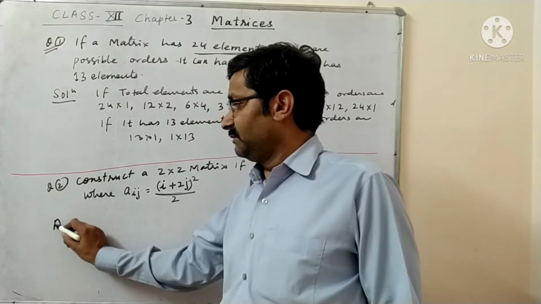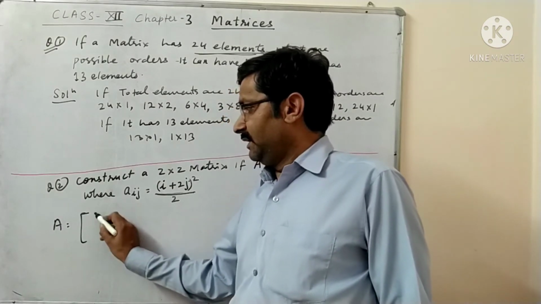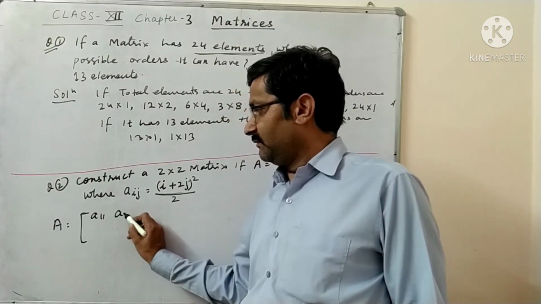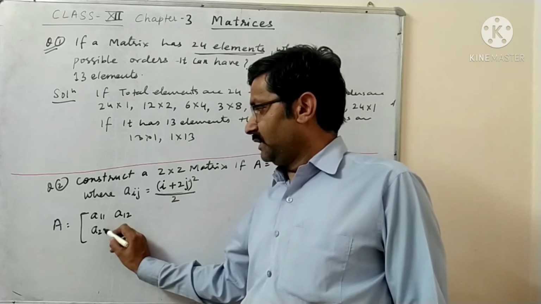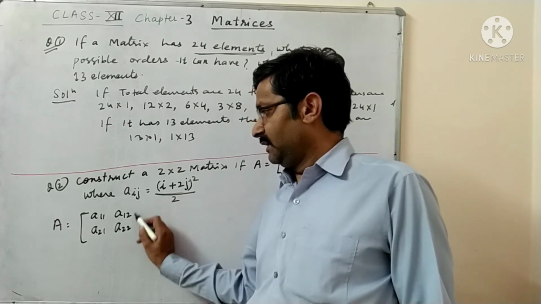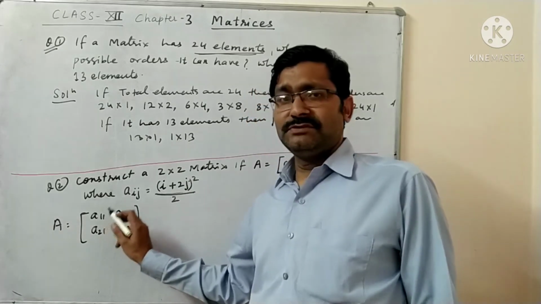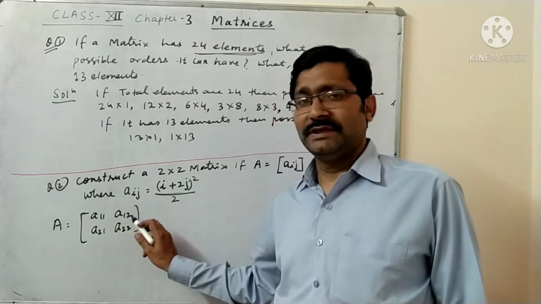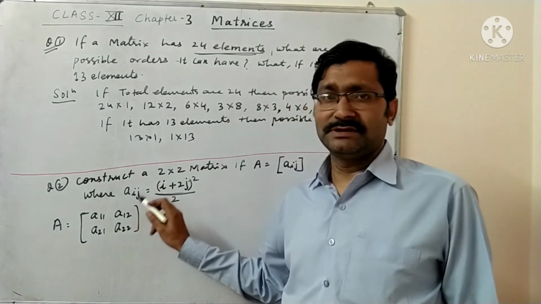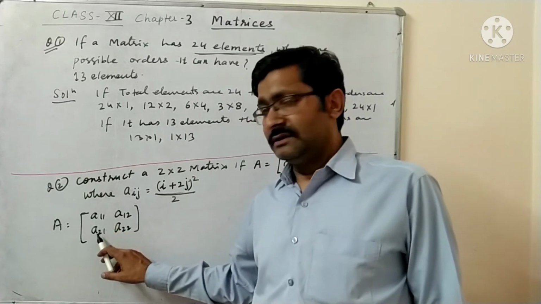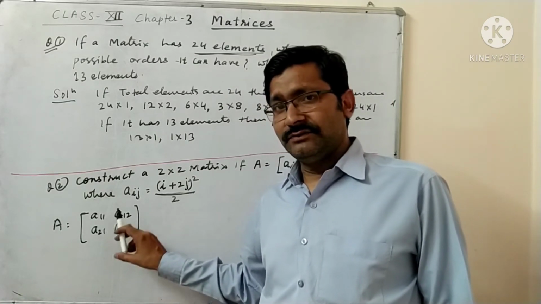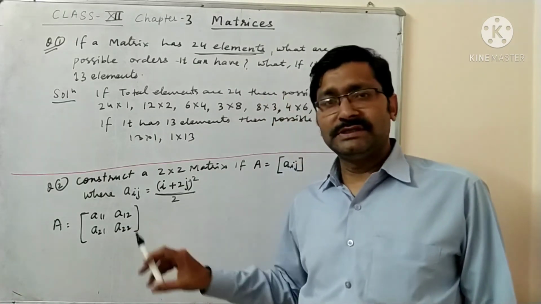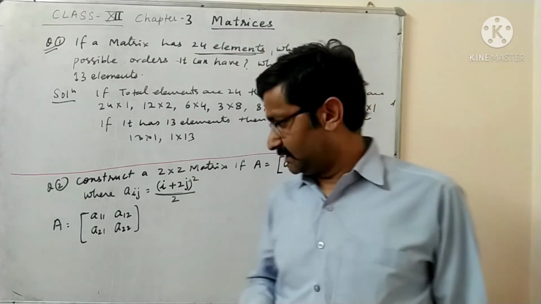This 2 into 2 matrix we can write here A11, A12, A21, A22. A11 means first row first column element, A12 means first row second column element, A21 means second row first column element, A22 is second row second column element.